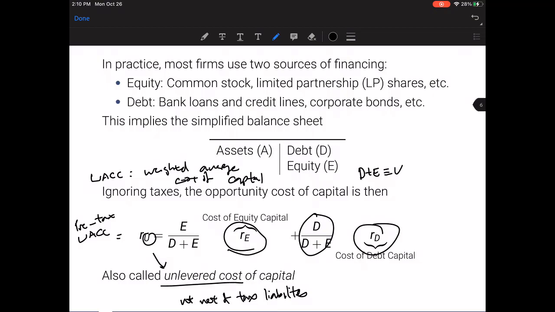That's why it's called unlevered cost of capital, because we have not adjusted our discount rate for tax liabilities. So tax shields not included.